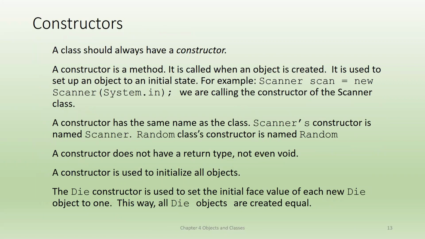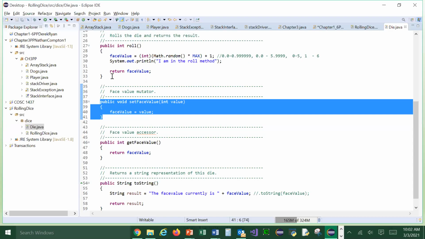Constructors. A class should always have a constructor. You don't have to, but you should. A constructor has the same name as your class. We already said that. The constructor is called when the object is created, and we discussed all that.